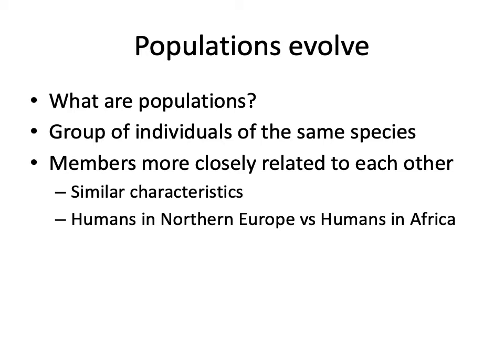Populations of humans in Northern Europe tend to have a lot less pigmentation in their skin. Their skin is a lot lighter. Their hair color and eye color is a lot lighter. Whereas people in Africa, their skin tends to be darker. There's more pigmentation, more melanin. Their hair and their eyes are darker. There's some physical differences. And these are adaptations to local conditions.